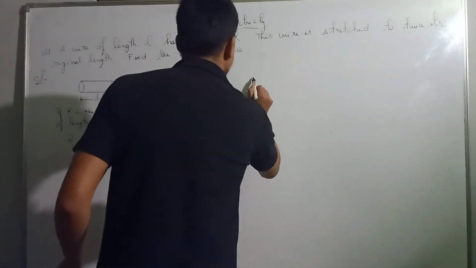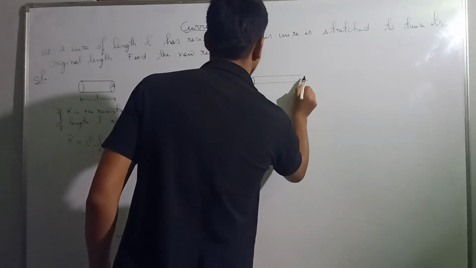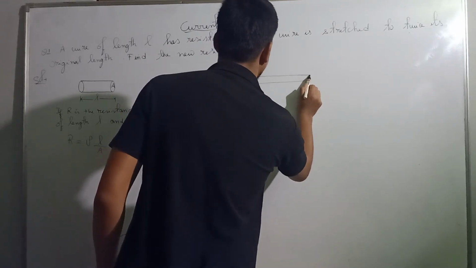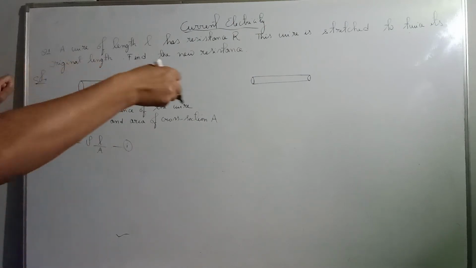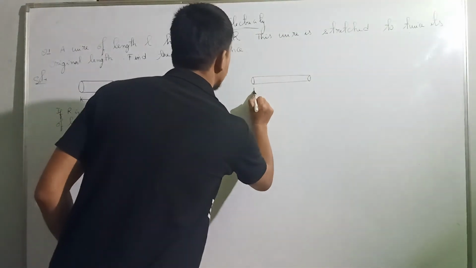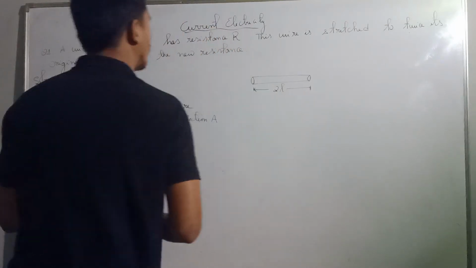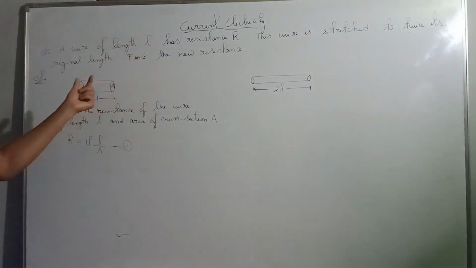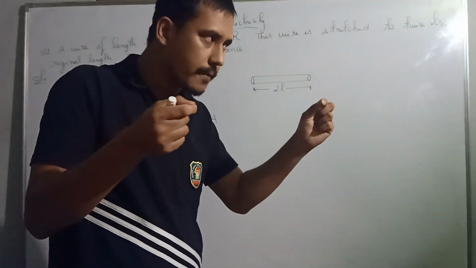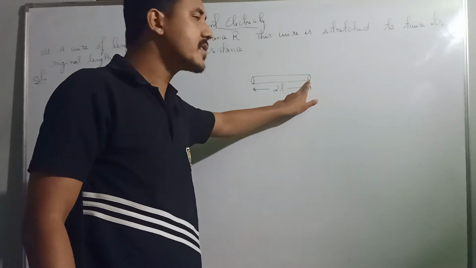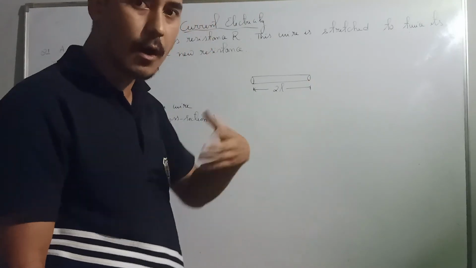So you stretch this wire so that the length gets doubled. The initial length was L, so you stretch this wire to 2L, twice its original length. Now as you stretch the wire, its area of cross-section will definitely decrease, but we do not know by how much.